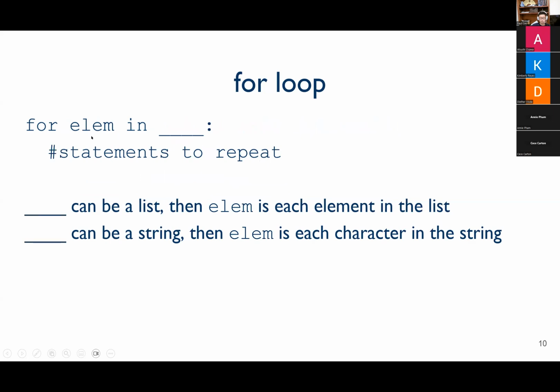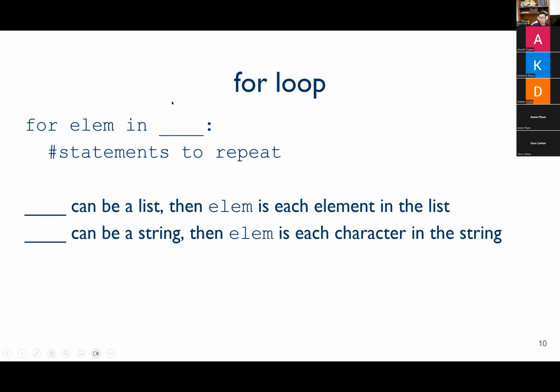So let's look at the for loop. What does a for loop do? In this class, in general, we're trying to process a list or process a string. This is the first version of the for loop: for an element in this thing. This thing can be a list. If this is a list, then ELEM would take the value of each of the elements in the list.